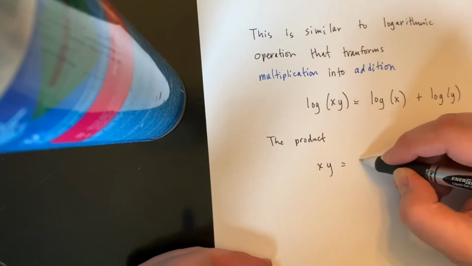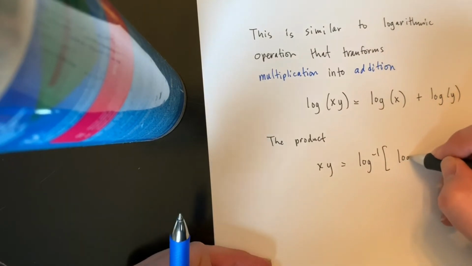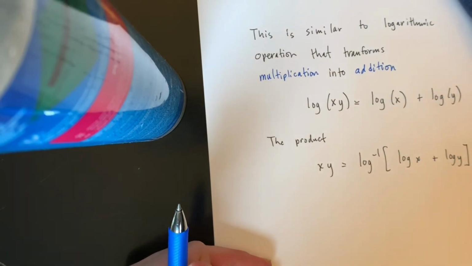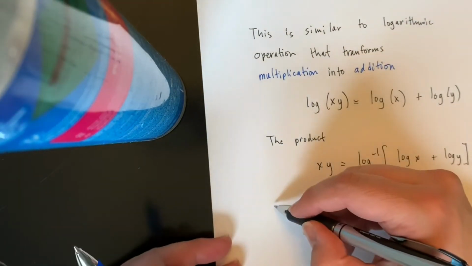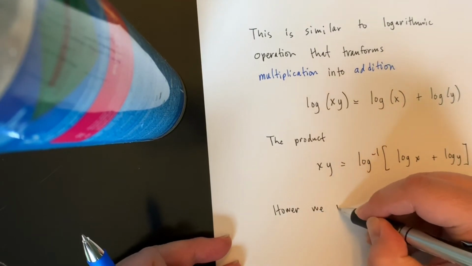Xy equals the inverse log of log x plus log y. However, to do this, we need logarithmic tables.